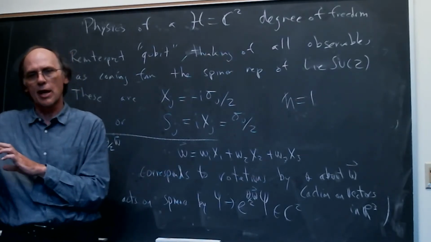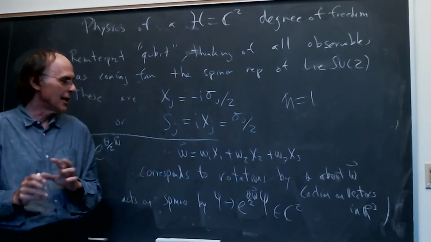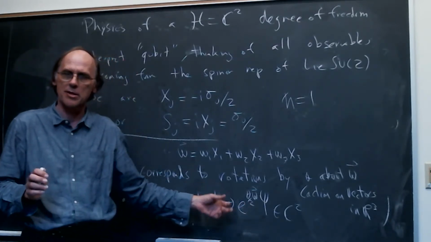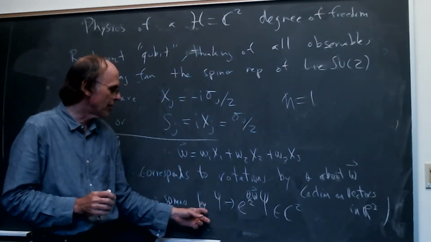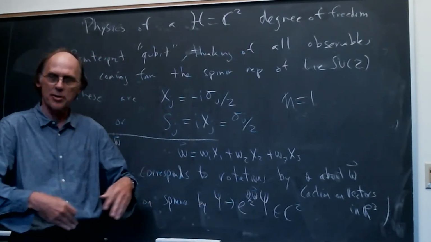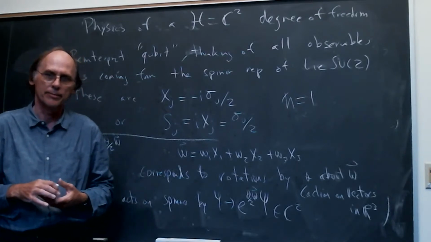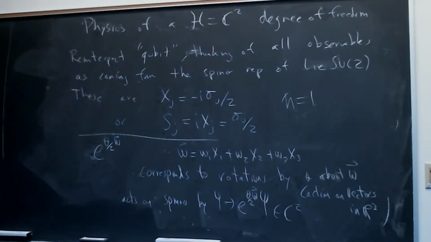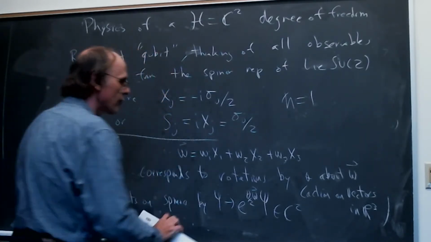We'll see later that you can write vectors in terms of spinors, but if you only know what's happening with vectors, you just don't see spinors at all. Spinors are something completely different. Just as if you only know about SO3 representations, you can't see the spin representation.